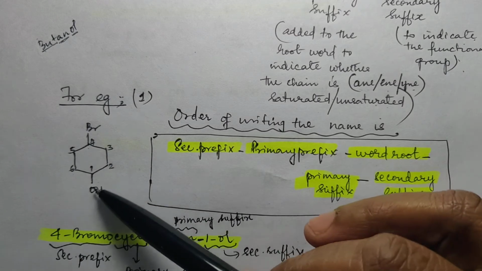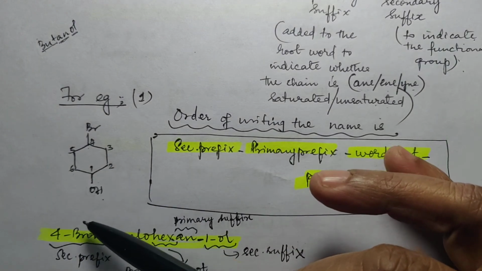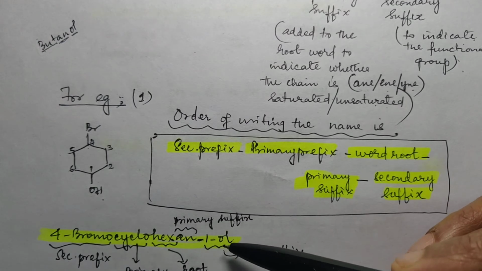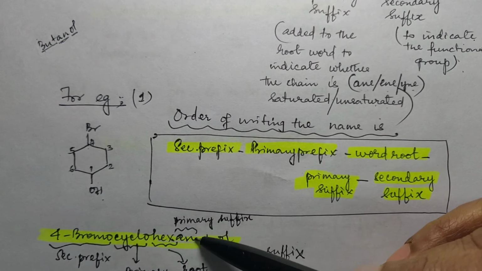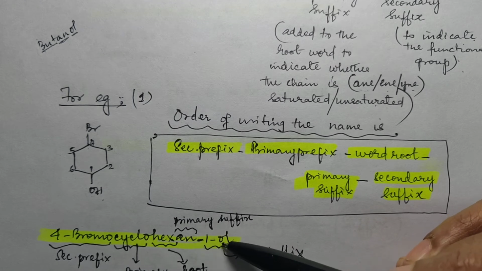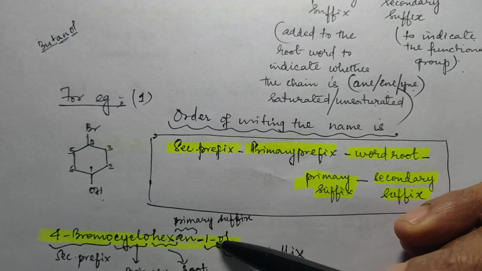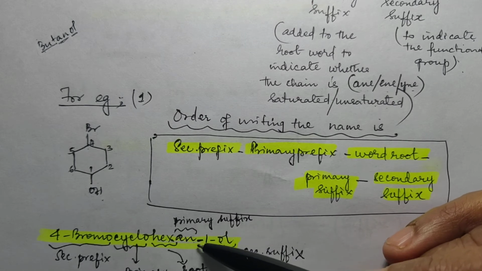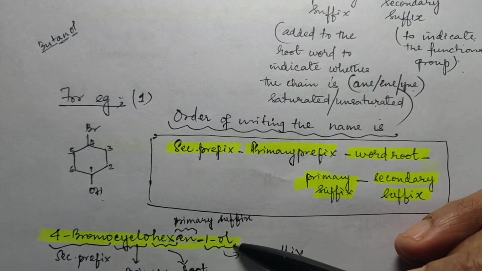Because the principal functional group is alcohol group. For alcohol, what is the suffix? ol. Now o is a vowel. So if you put ane here followed by a vowel, two vowels will not come together. That is why ane यहाँ पे नहीं लिखते, सीधा ol लिखते.